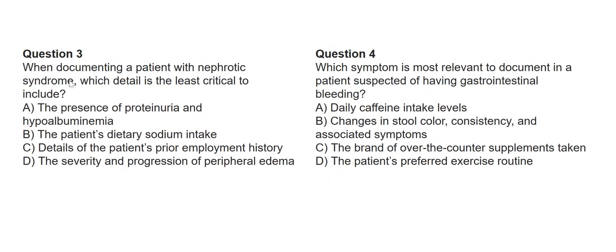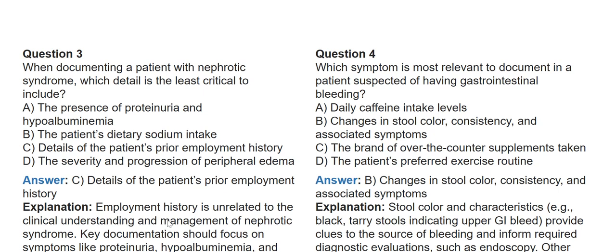Question 3. When documenting a patient with nephrotic syndrome, which detail is least critical to include? A. The presence of proteinuria and hypoalbuminemia. B. The patient's dietary sodium intake. C. Details of the patient's prior employment history. Or D. The severity and progression of peripheral edema. Definitely the answer here is C, as employment history is unrelated to the clinical understanding and management of nephrotic syndrome.